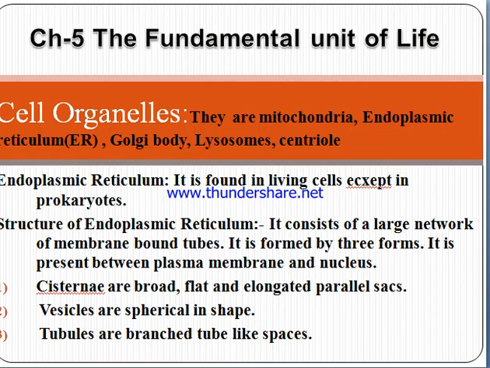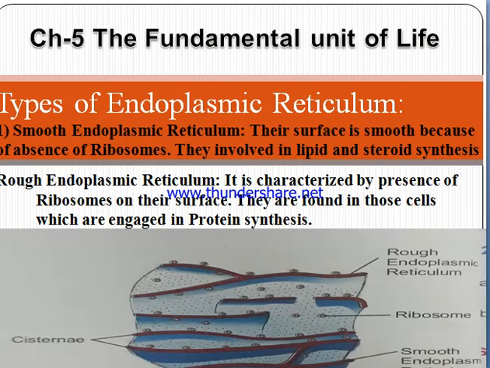What are their types? They are of two types, smooth endoplasmic and rough endoplasmic. Smooth has an absence of ribosomes and is involved in lipid and steroid synthesis. Rough endoplasmic reticulum has the presence of ribosomes and helps in protein synthesis.